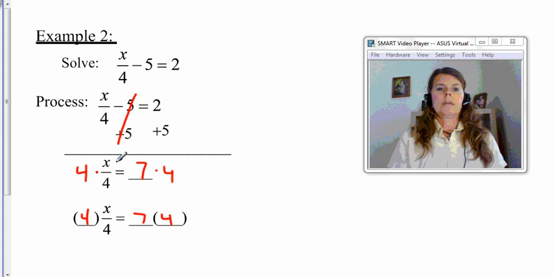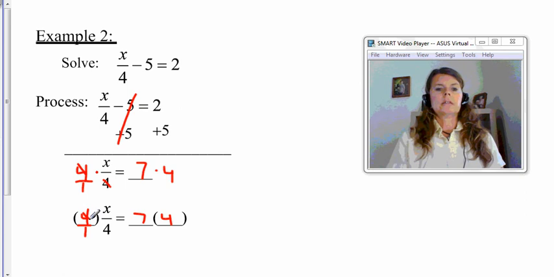What happens here is this looks like a fraction, so we're going to make this one look like a fraction, because you want to have like things when you multiply. So the 4 and the 4 cross cancel, as we call this, and you make the 4 a 1 here and the 4 a 1 here, or since they're the same, sometimes you can just say they cancel each other out.